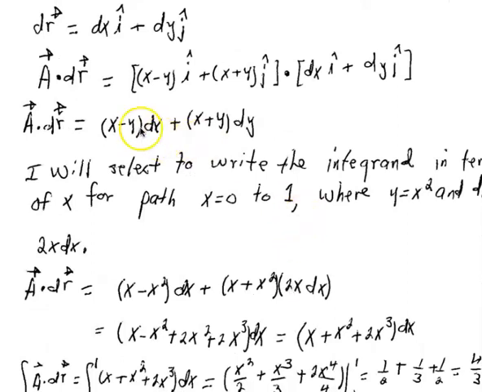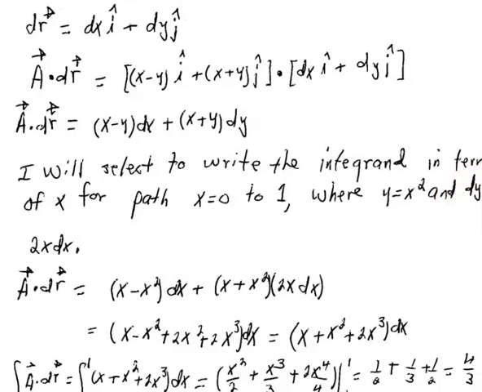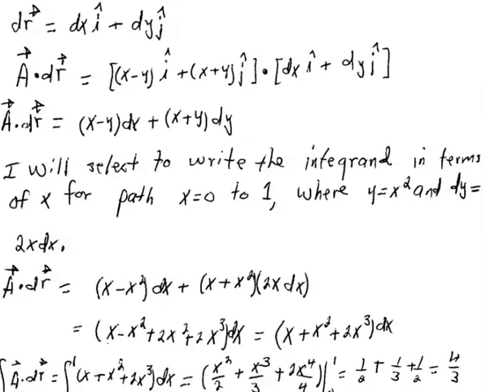So I will write the integrand in terms of x from the path x equals 0 to x equals 1, where along that path y is equal to x squared. And if you differentiate y equals x squared, you get dy equal to 2x dx. So there I have it.